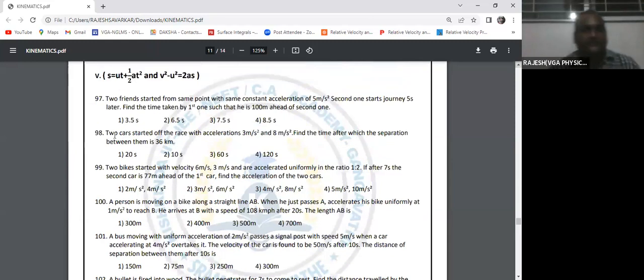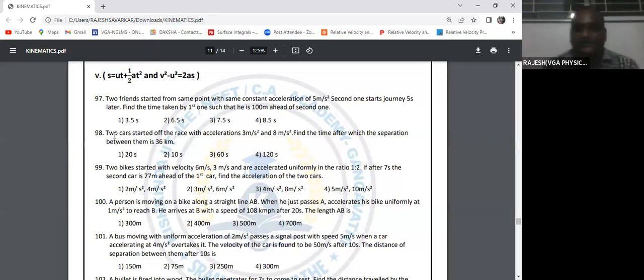Two friends started from the same point with the same constant acceleration of 5 meter per second square. The second one starts the journey 5 seconds later. Here, when two situations are given, you have to consider car 1 and car 2, or friend 1 and friend 2. For the first one, you have to write U1, A1, S1, T1, and for the second, U2, A2, S2, T2. There will be a statement which relates these things, then you can solve.